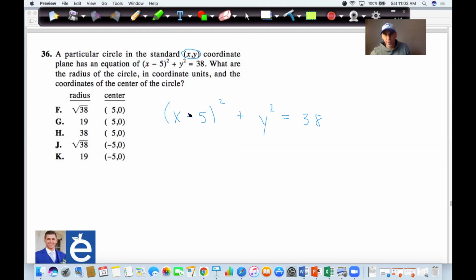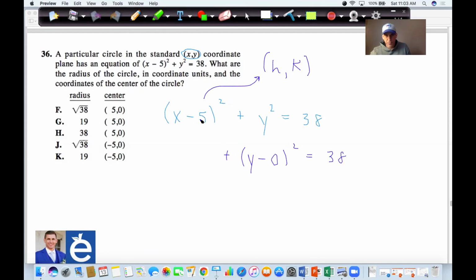Remember, this minus 5 here was coming from the h. So this is the h, and we don't see it here, but the k should have been written. The k, because this is a y squared, is going to be 0. This would have been (y minus 0) squared, and this is 38.